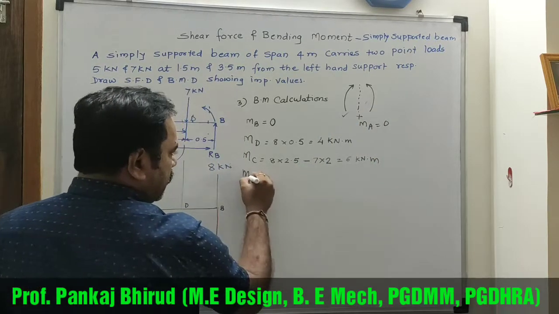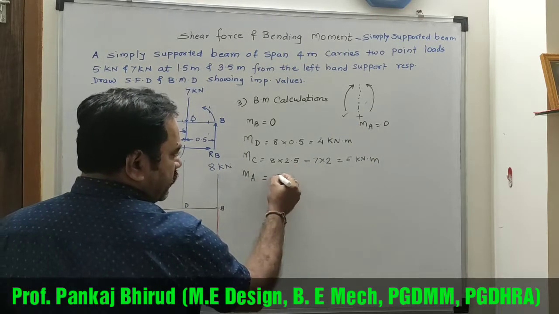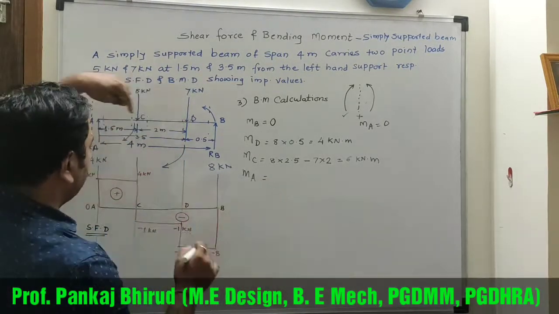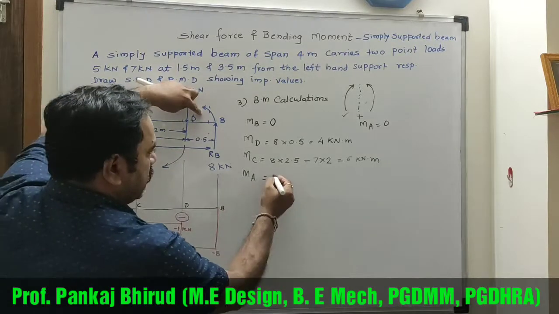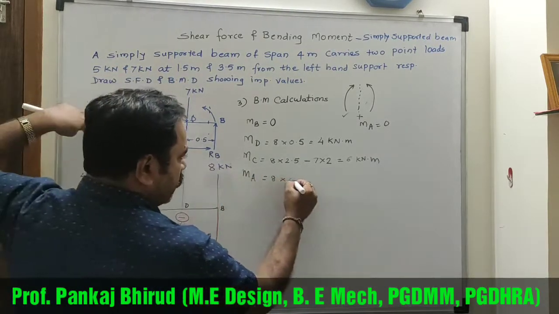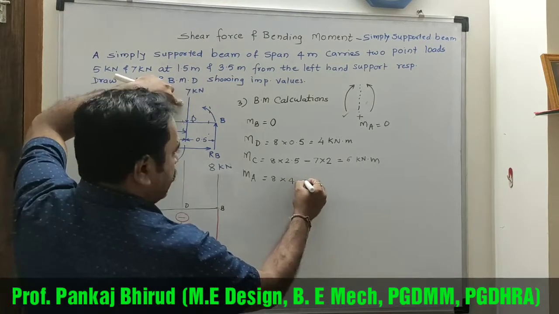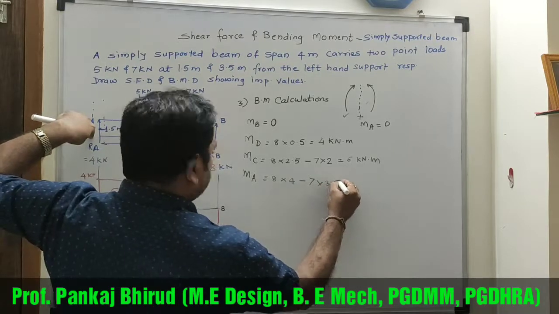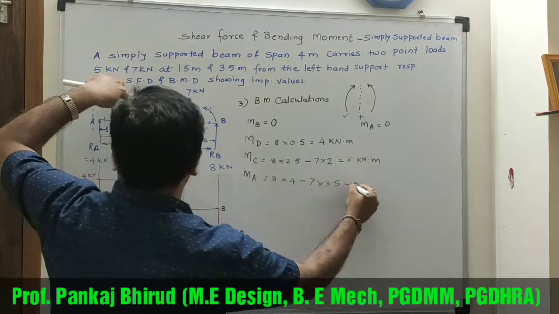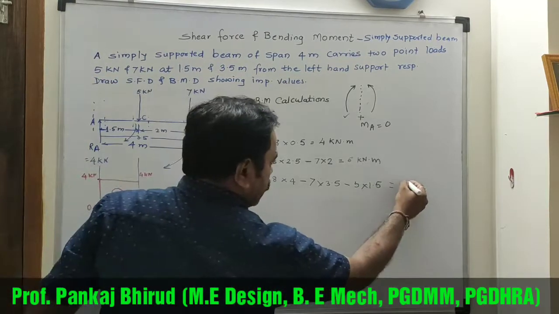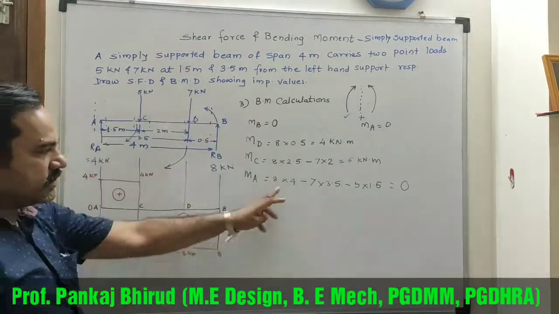Here make moment at A point equal to 0. If we calculate 8 into this total distance, which is 4, minus 7 into 3.5, minus 5 into 1.5, we will get the answer 0.